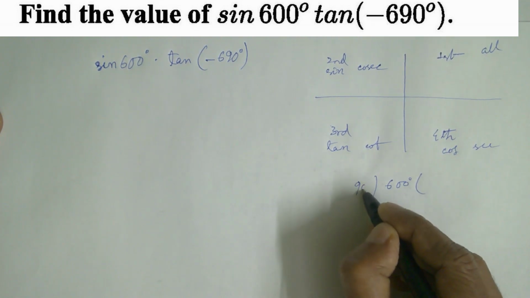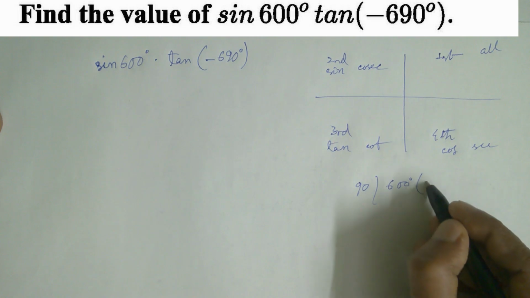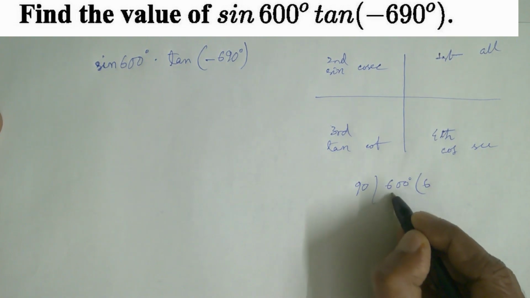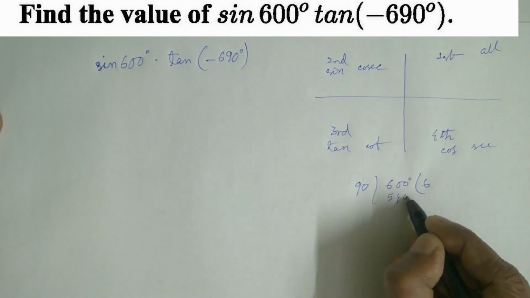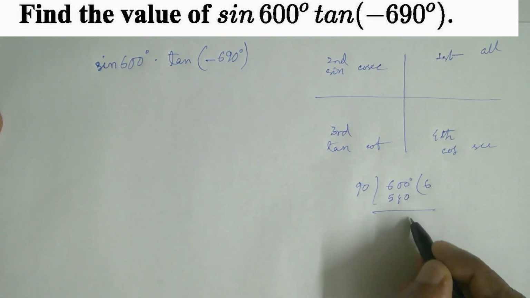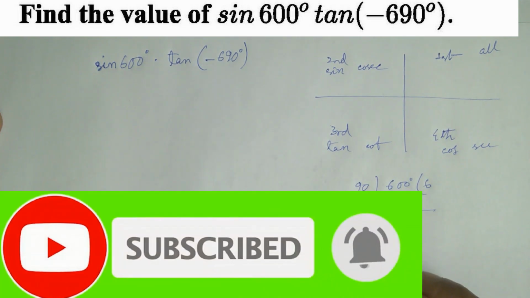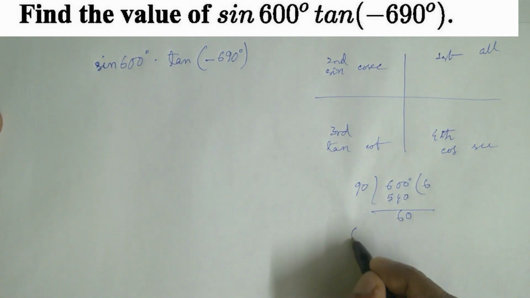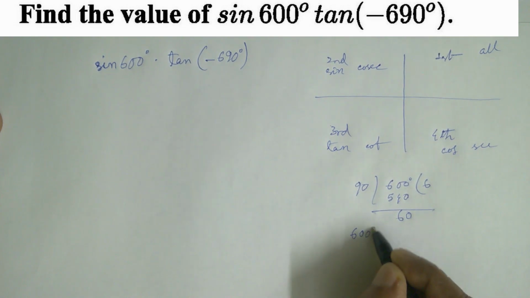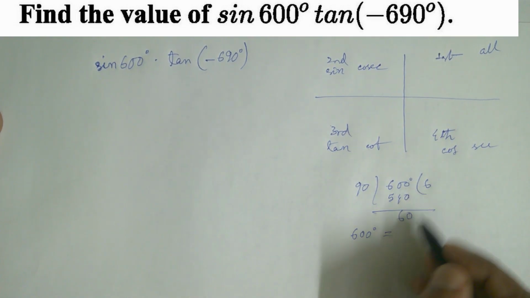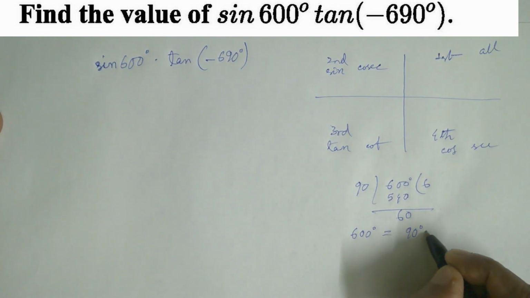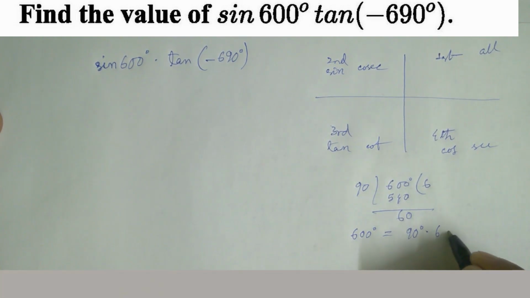What will be? 6 9 the 54, 60 remaining. So 600 degree can be written as 90 degree into 6 plus remainder 60 degree.